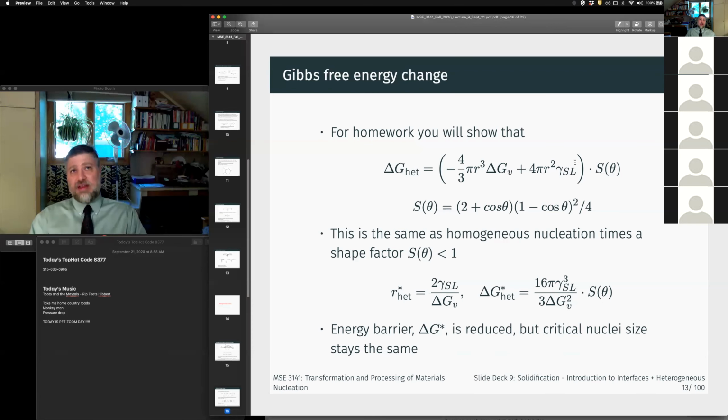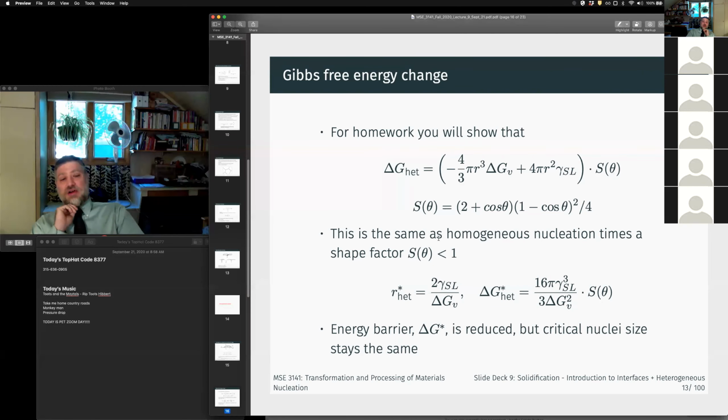And in a sense, this is a model anyway, because does it really make sense to talk about a cluster of a couple hundred atoms being a sphere? No, it really doesn't.